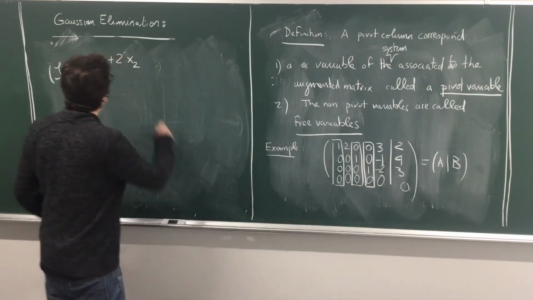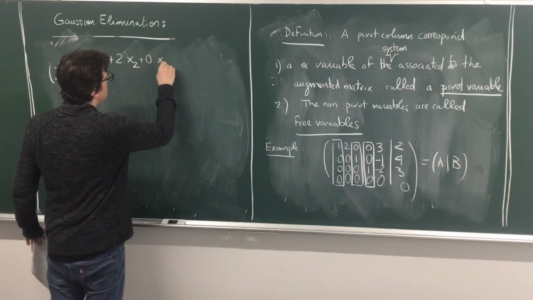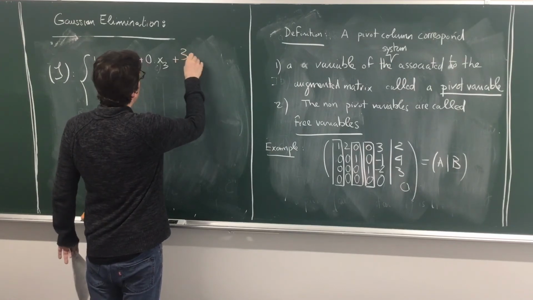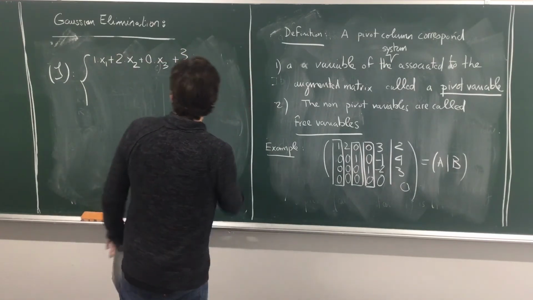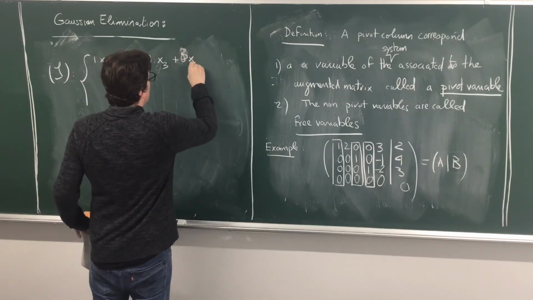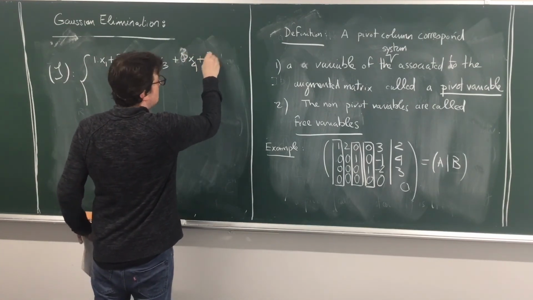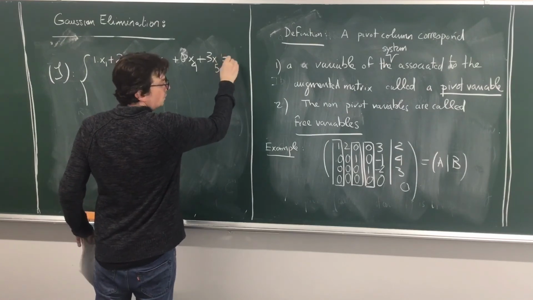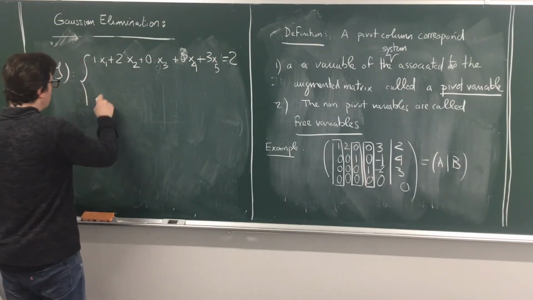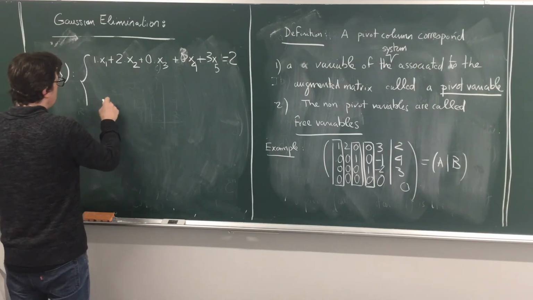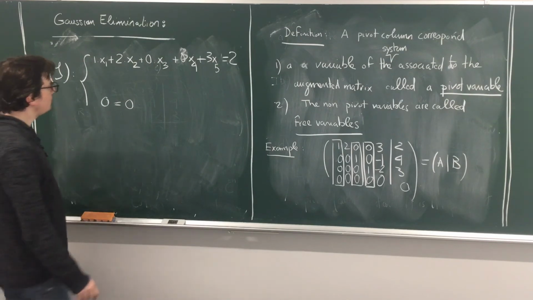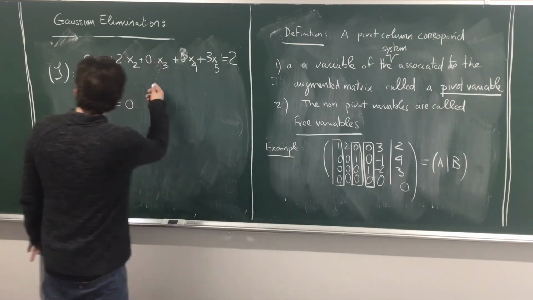Then I have 0 times x3, etc., plus 3, again 0, sorry. So 0 x4, and then plus 3 x5 equals 2. I can do that for all of them. For example, the last line is really 0 equals 0, as you can see. Okay, this is the system.